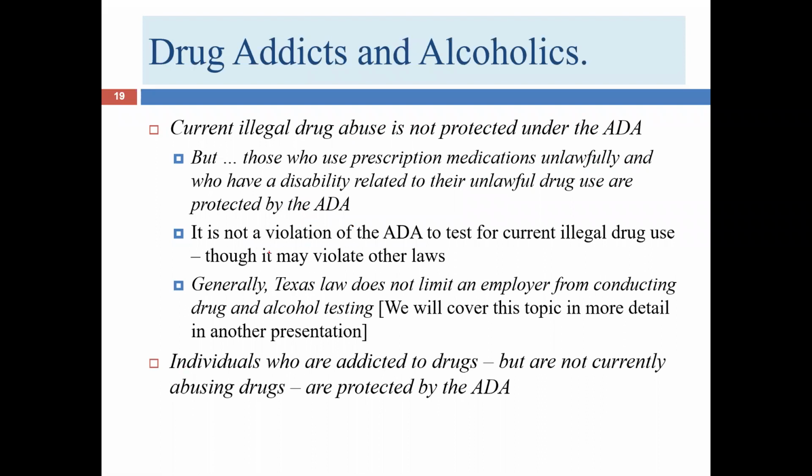It is possible that those who got a prescription medication lawfully and then started abusing it, for example, taking more than the amount of pills they should, that because it wasn't an illegal drug for them, while they're still abusing the drug, would be entitled to the disability protection. Again, I would look in the case law on this issue to make sure that in your jurisdiction, that's what the courts have been doing.